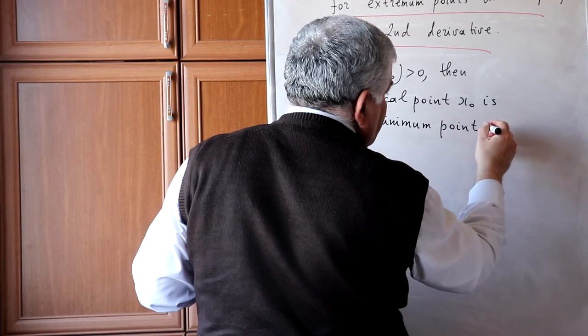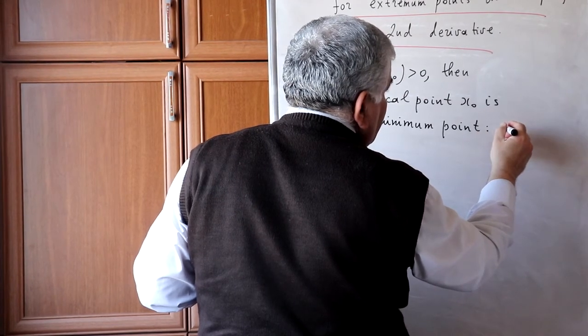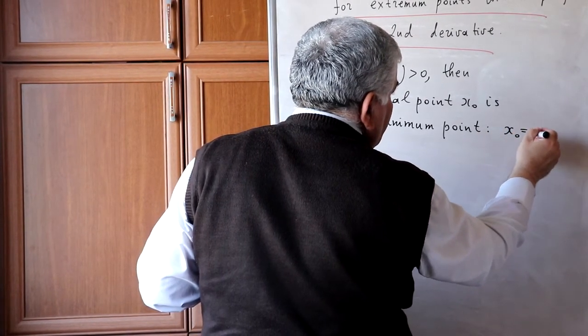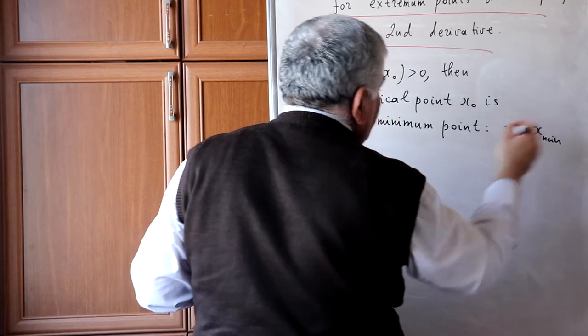That is, x sub 0 is x sub min. It is the minimum point.